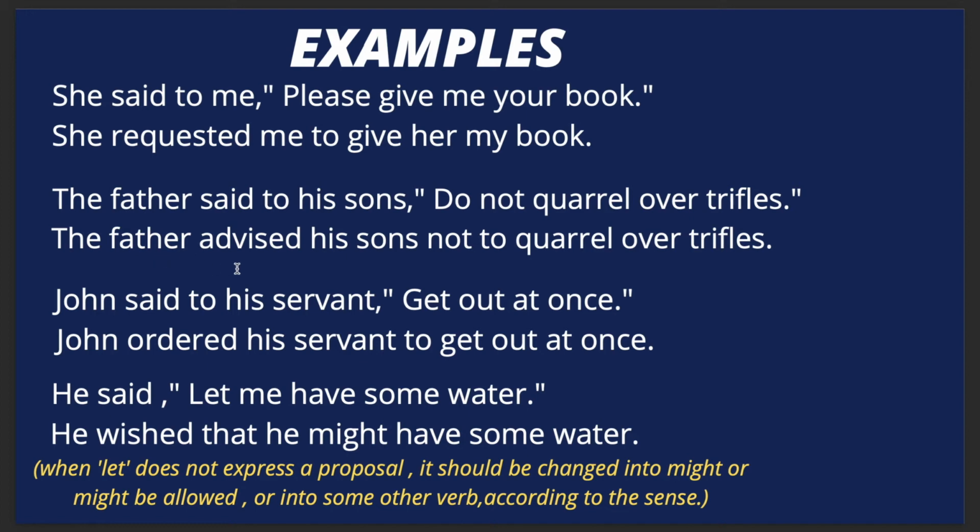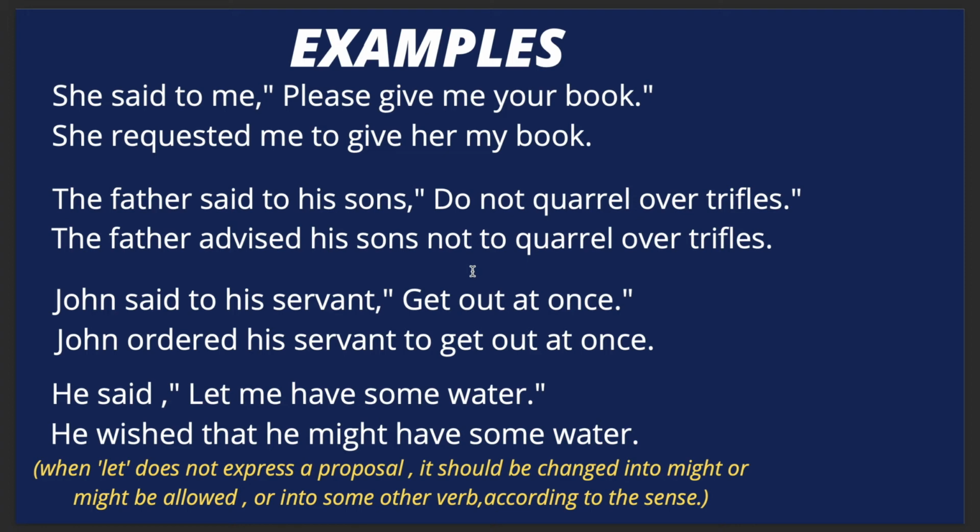The father advised his sons. Now since it's a negative sentence beginning with "don't", the commas are replaced by "not to". So the father advised his sons not to quarrel over trifles. Easy.